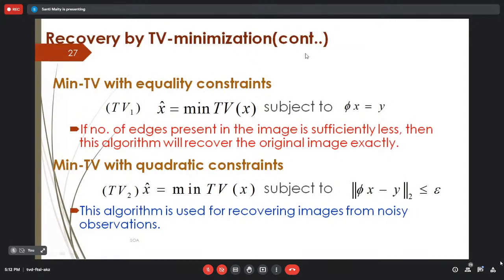So this is basically TV1 minimization, in the sense that if edges are sufficiently few in number, then by this algorithm we can reconstruct the original signal. Now if it is noisy, then you go for such constraints. The constraint would be something like this. The algorithm is used for recovering an image from a noisy image.